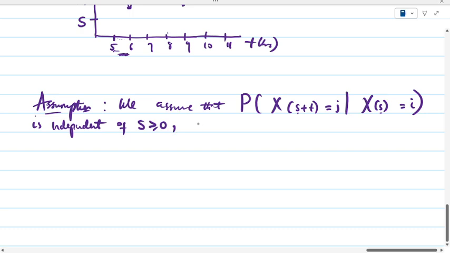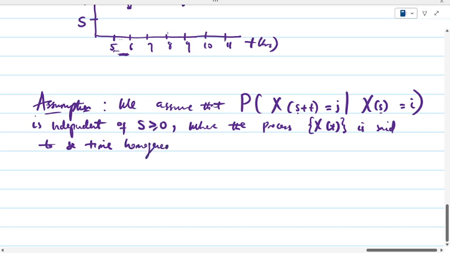So at this point, we say the process, the stochastic process X of t, with this particular assumption, is said to be time homogeneous, or to have the homogeneous property.